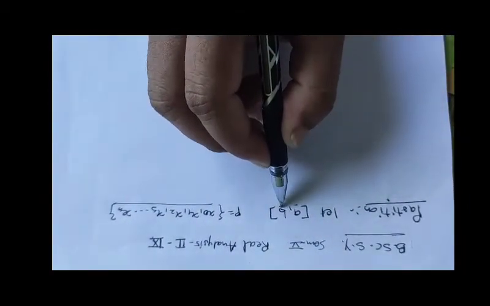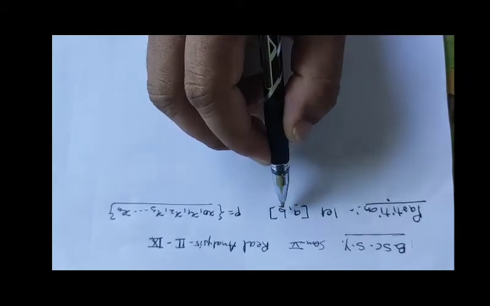All these points lie between a and b, because this is an interval, and between a and b there are so many numbers.